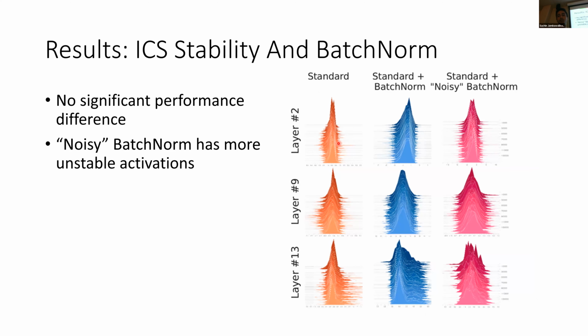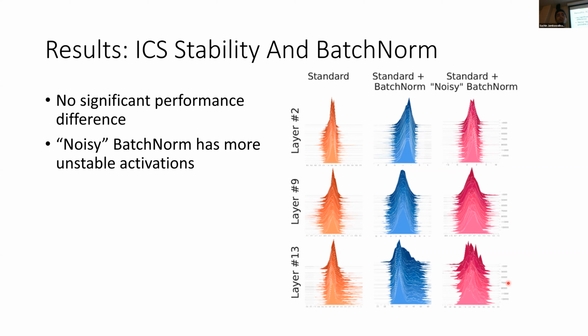When they measure the activations for certain layers, they see that there is indeed a lot of covariate shift. So the data distribution is noisy, it is not centered as we go into deeper layers, like in this third column. So the covariate shift has indeed increased.